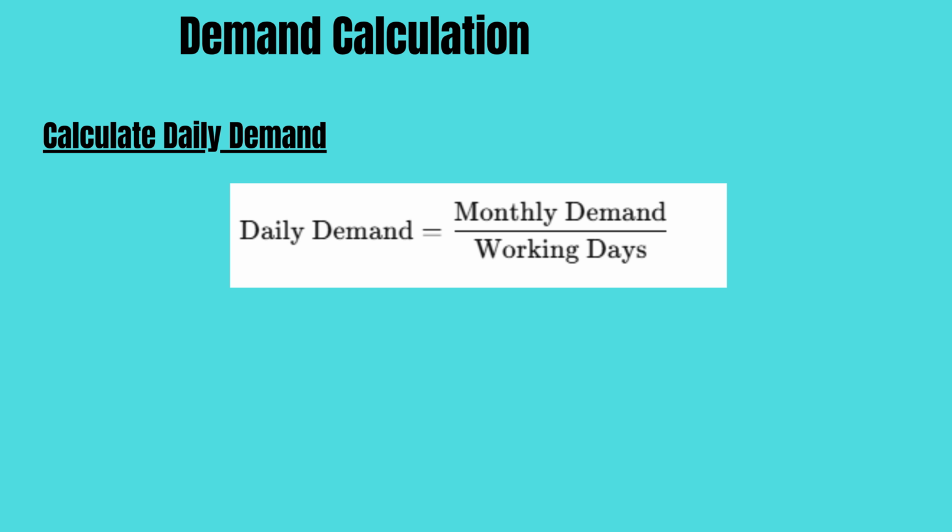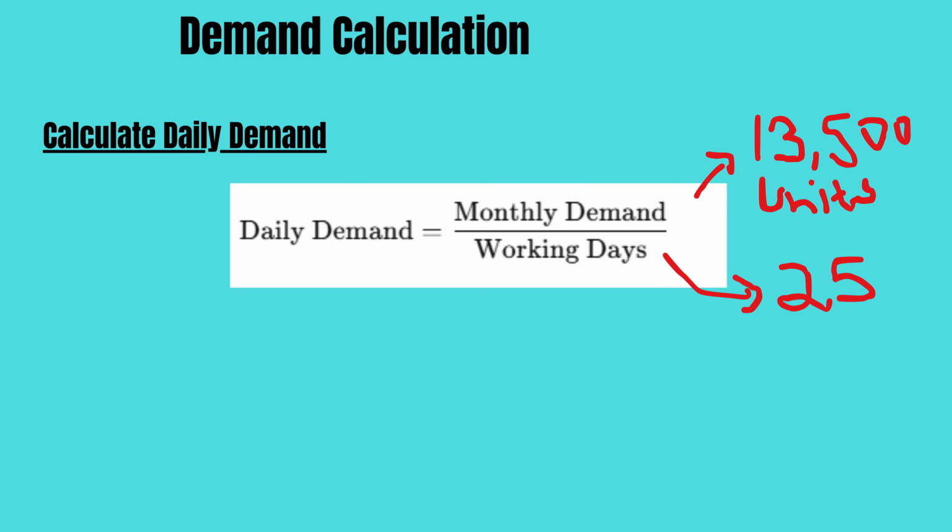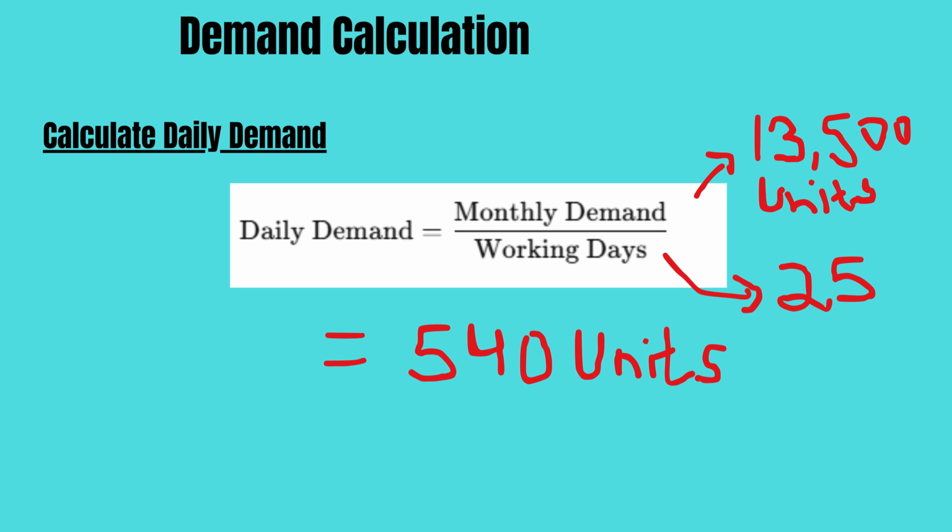Now let's see how to calculate daily demand, very simple, but very important. We use this basic formula, daily demand equals monthly demand divided by working days. Let's take this example. If your monthly demand is 13,500 units, and you have 25 working days in a month, then your daily demand will be 13,500 divided by 25, which comes to 540 units.